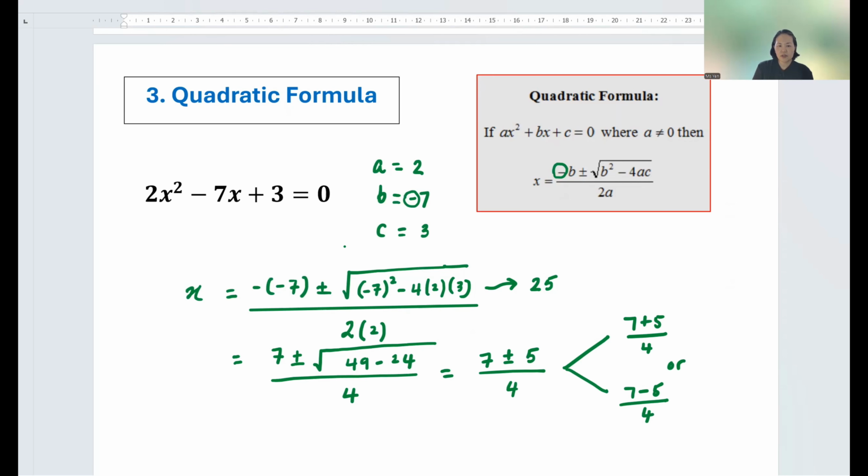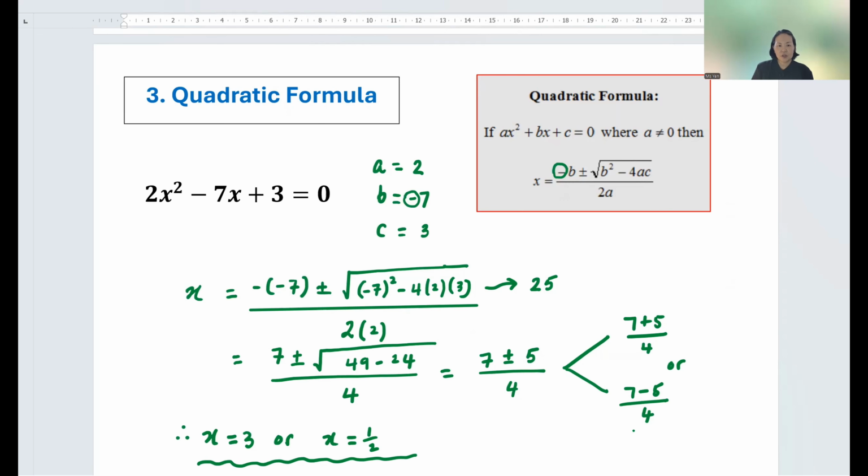So that's what we're going to get. If you use a calculator, the first one, 7 plus 5 over 4, is 12 over 4, which is 3. Or x equals, when you do 7 minus 5, is 2, and 2 over 4 is half. We got the x values: x equals 3 or x equals half.